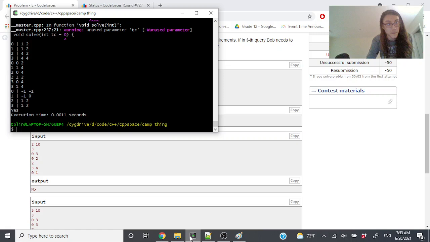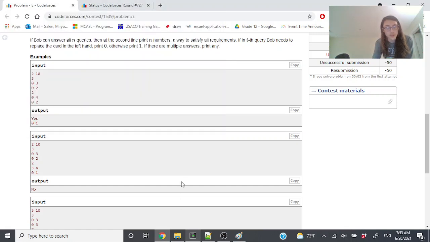Yes, it is. 2, 0. And we start at 2. 2, 0, restart at 2, and then go into a 4.